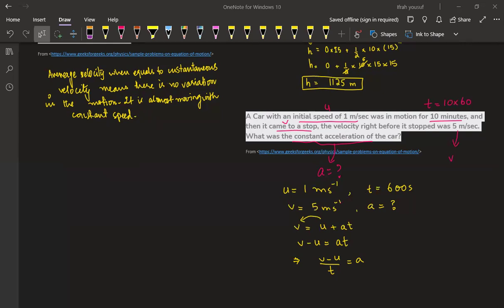So in decimal, it's around 0.006 meters per second squared. In the exam, are we supposed to write in decimal or fraction? We have to write in decimal form, right? So 0.006 meters per second squared.